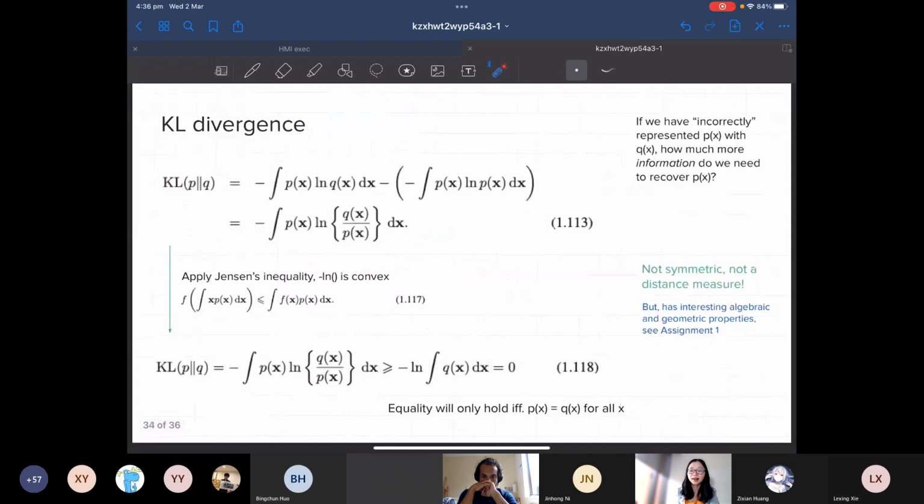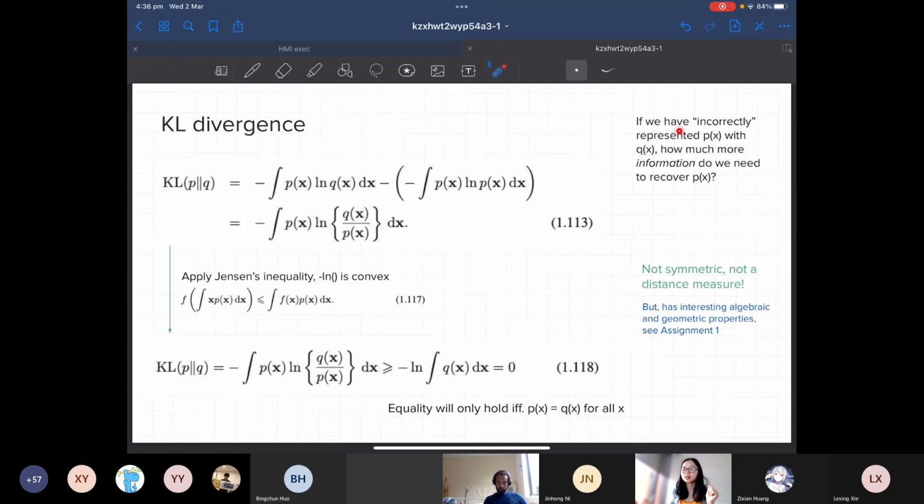All right, and let's use this. So KL divergence is the quantity that measures the difference between two probability distributions, P(x) and Q(x).